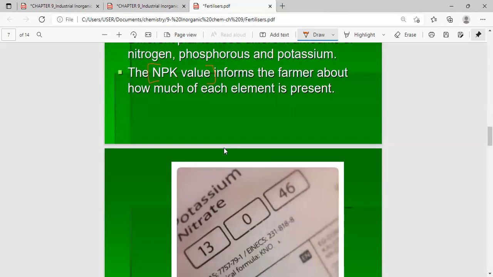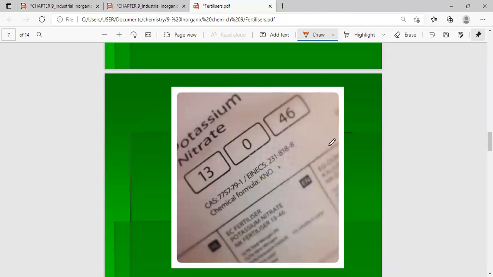For example, fertilizers are sold in bags, and on the bag you'll find a label like this. This label gives the NPK value, for nitrogen, phosphorus, and potassium. So this is potassium nitrate.